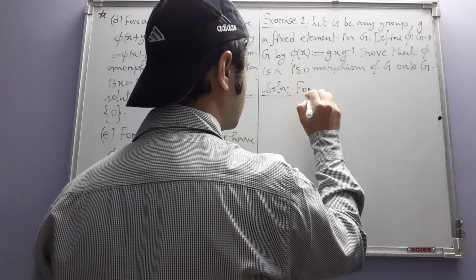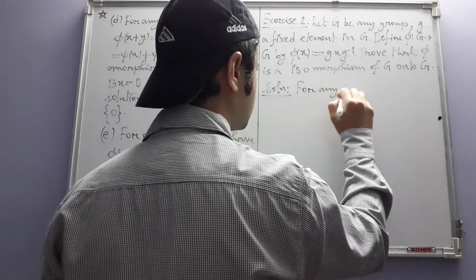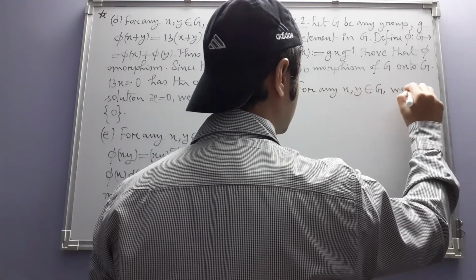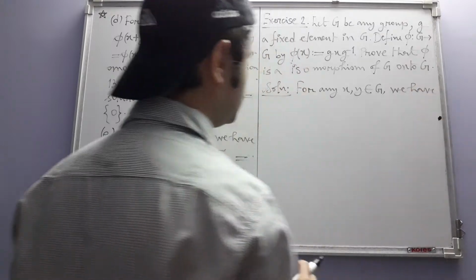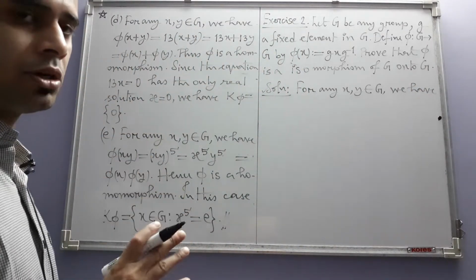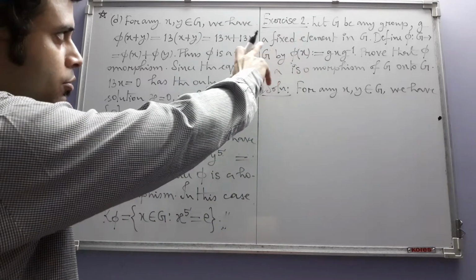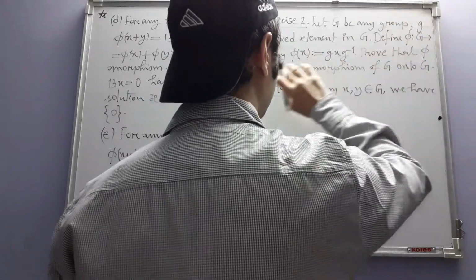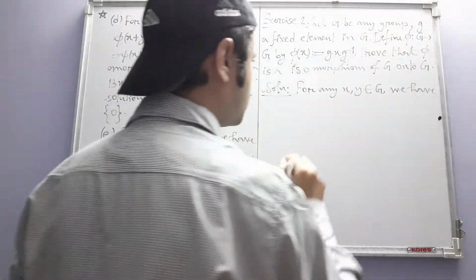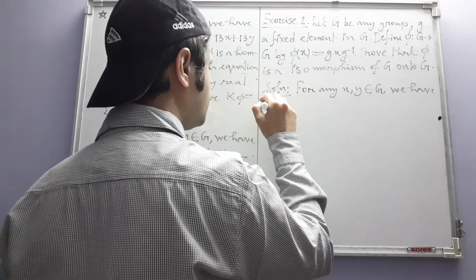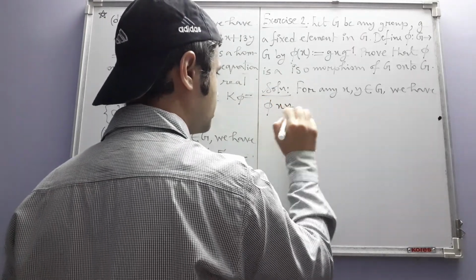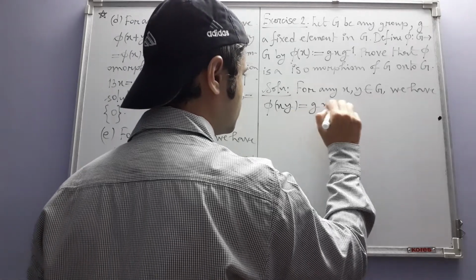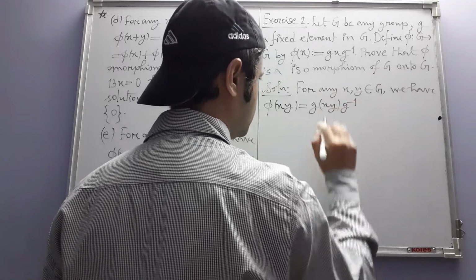For any x and y in G, so this is a general type of isomorphism and onto isomorphism, because the group we have is any group where we have fixed an element g and we are defining the mapping like this. So we have phi of xy equal to g xy g inverse.